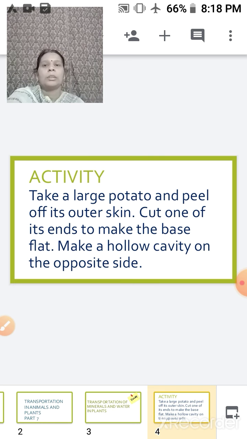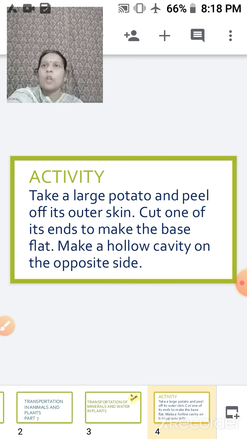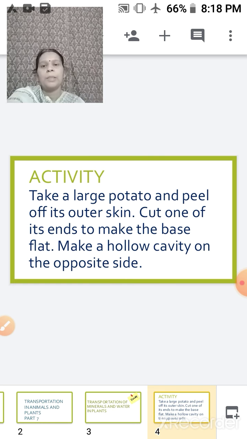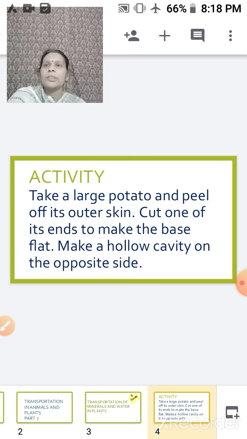talk on the term osmosis. It is osmosis with the help of which water is absorbed by the roots. Osmosis is the process of transfer of water molecules through a semi-permeable membrane.